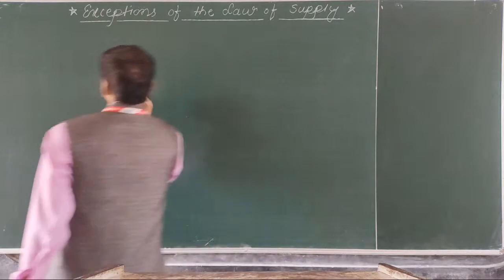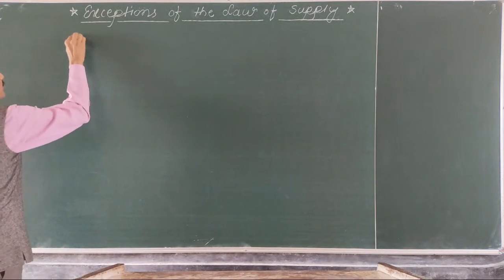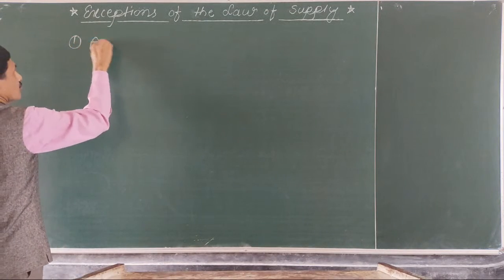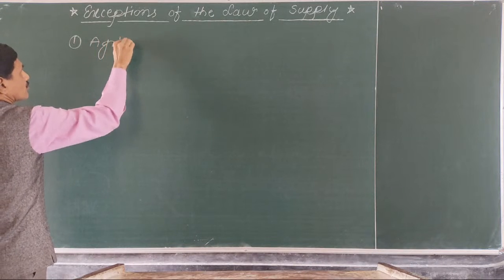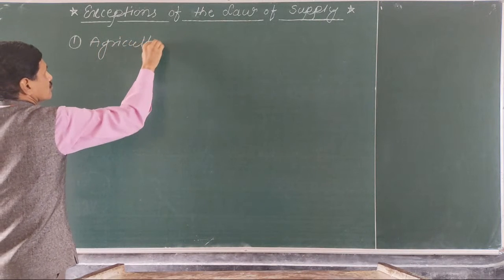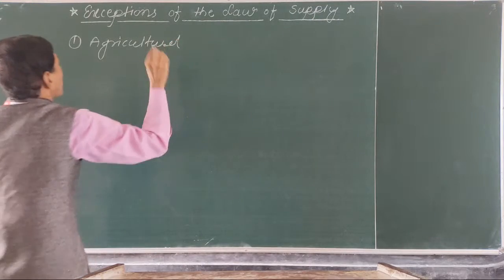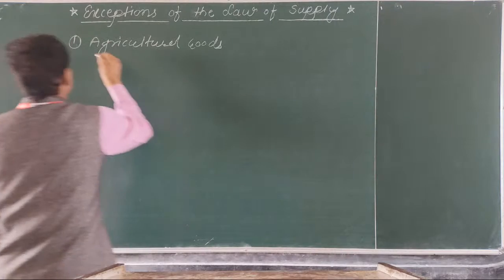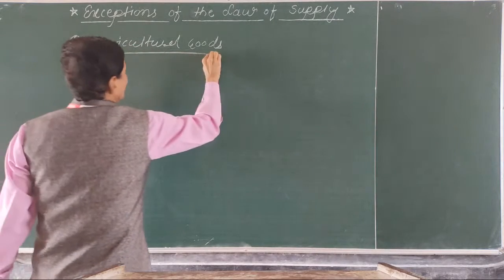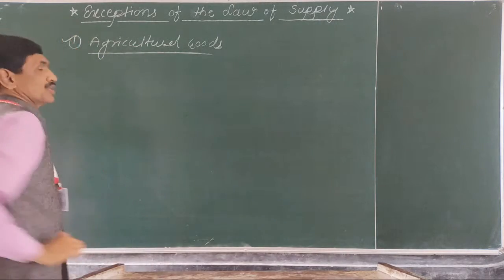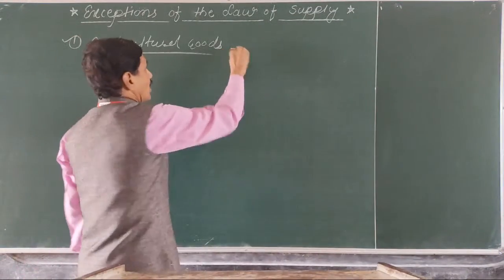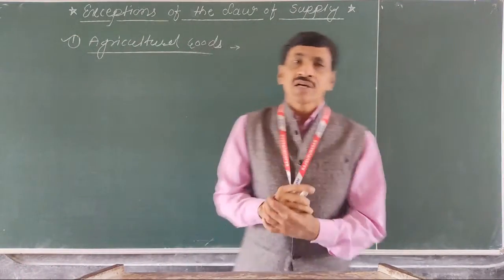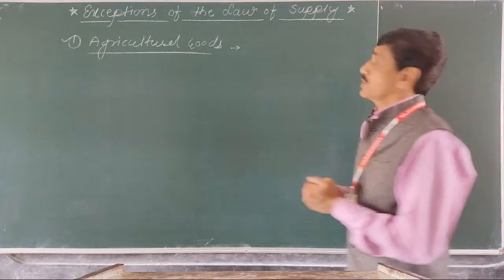The first exception is agricultural goods. Which goods? Agricultural goods. In simple language, agricultural products or agricultural goods.